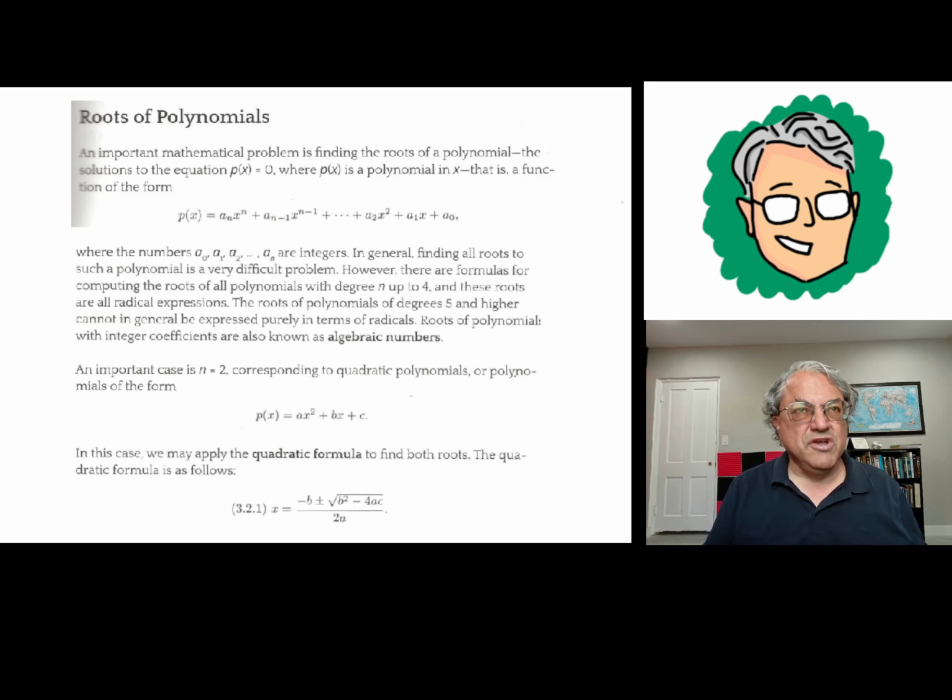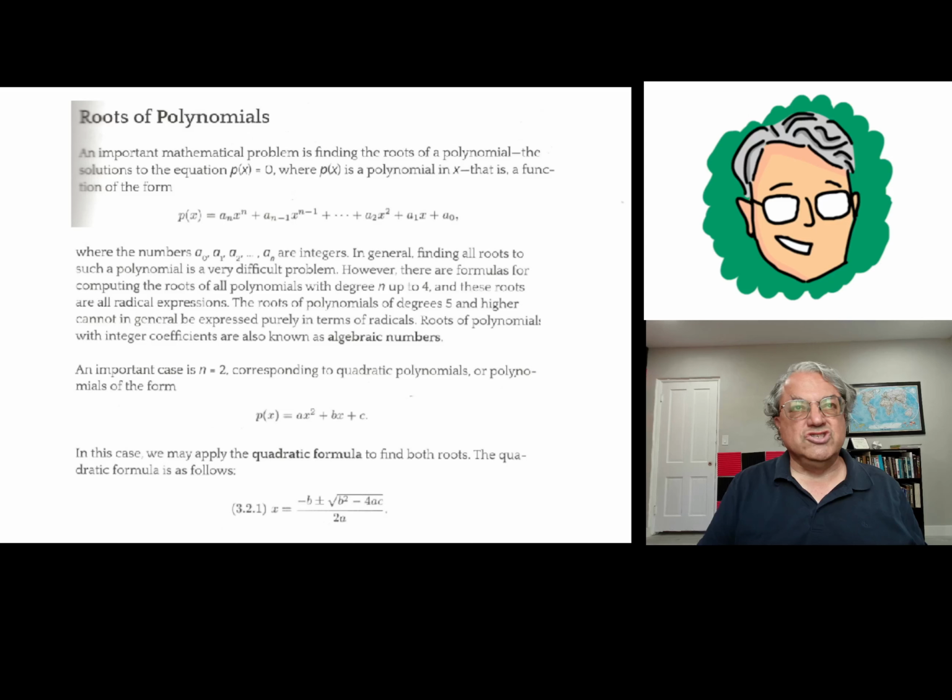Sometimes you can factor them into rational terms, but most of the time you can't. And you probably also learned a very useful formula called the quadratic formula, which I wrote on the bottom of this slide, just to remind you.